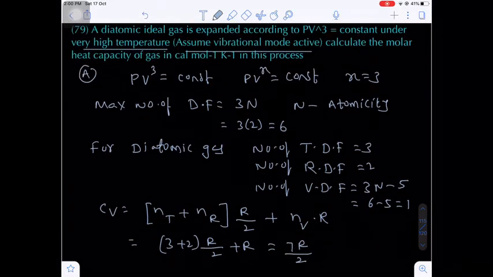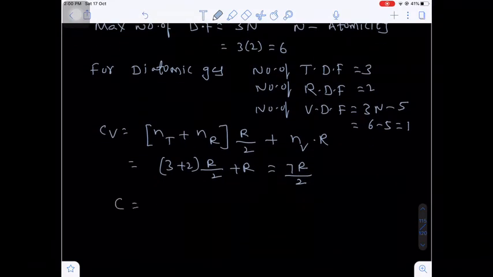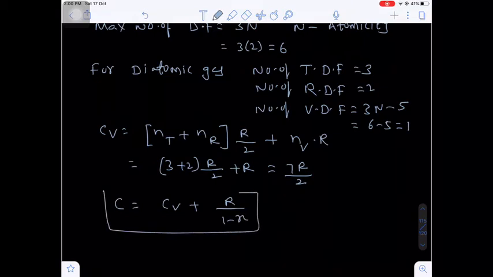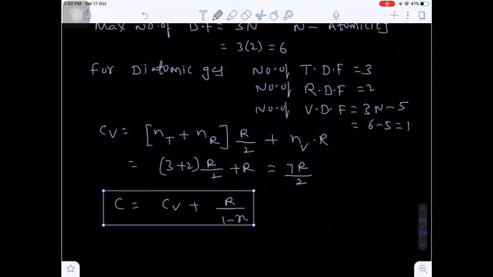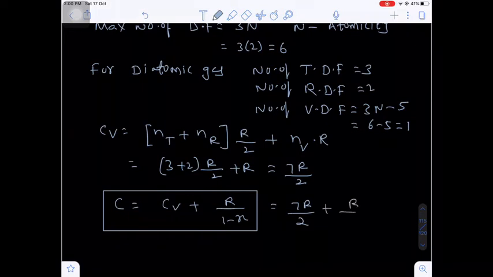This is the CV value, and the exponent value is 3, so we can find the molar heat capacity. C will be equal to CV plus capital R upon 1 minus x. This is the final formula we have to remember in a polytropic process to calculate the molar heat capacity. What is the CV value? That is 7R by 2, and capital R divided by 1 minus x. What is the x value here?